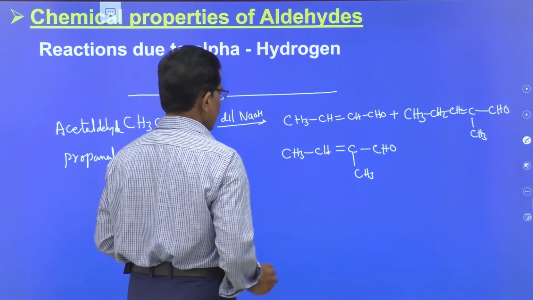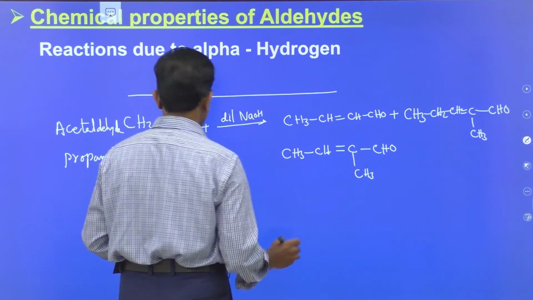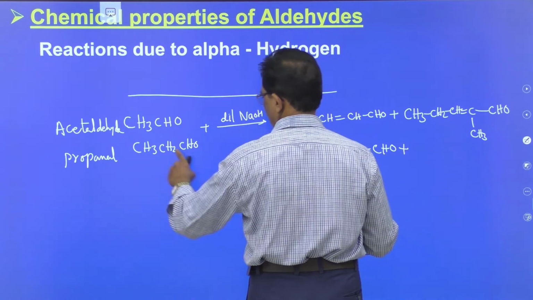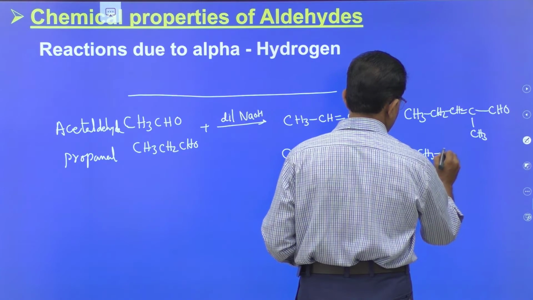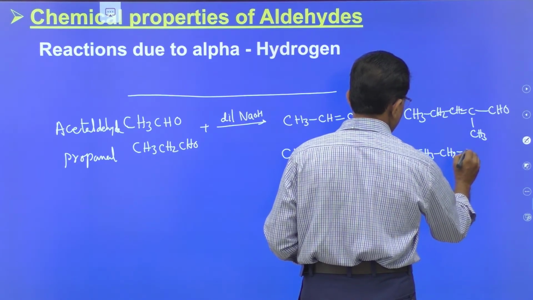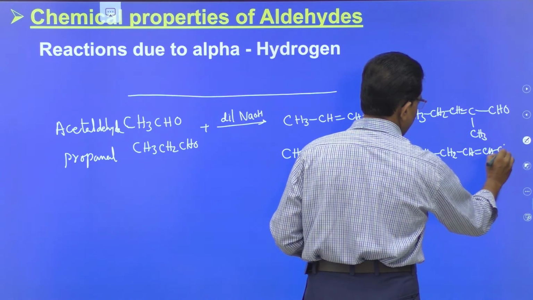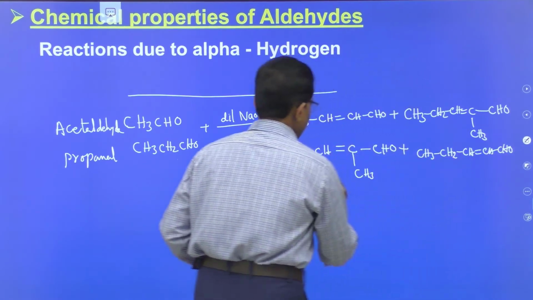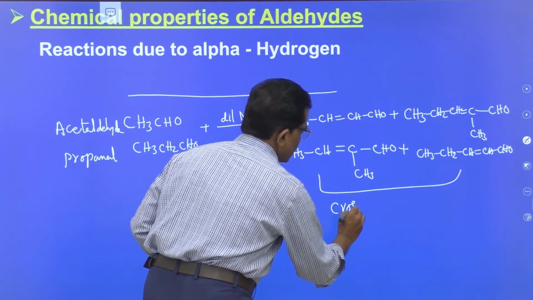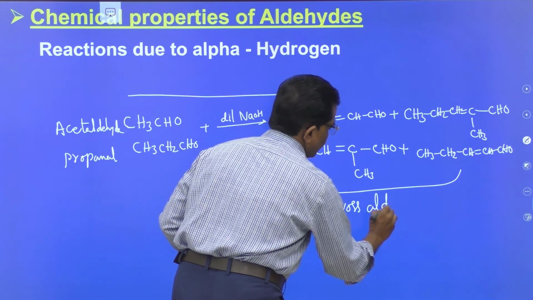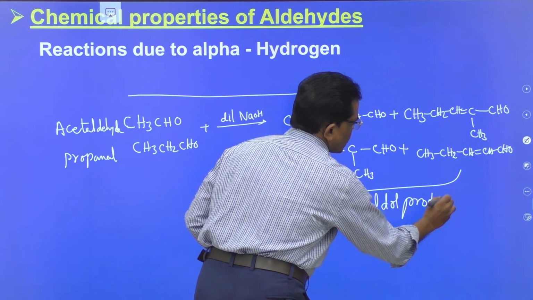This one is from acetaldehyde, this one is from propanaldehyde. Suppose propanaldehyde and acetaldehyde are combined in the other way, then we get CH3 CH2 CH double bond CH single bond CHO. So these are the cross aldol products.